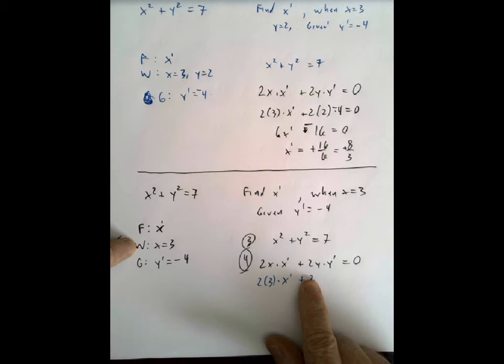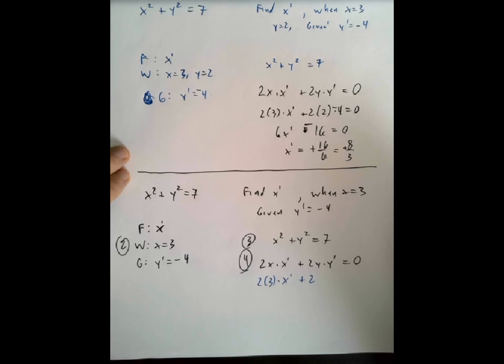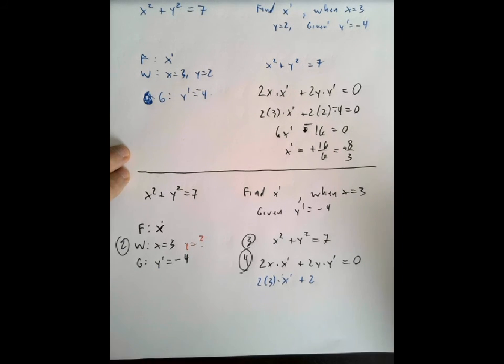At this point, we can solve using the original equation. We can solve what y would be when x happens to be 3. So if we ever have to do this, here's what we're asking: what would y have to be at that given moment when x is also equal to 3?